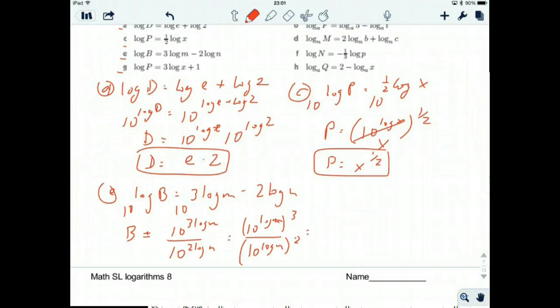So that's the same thing as M cubed over N squared.